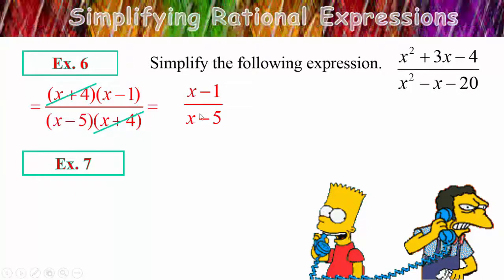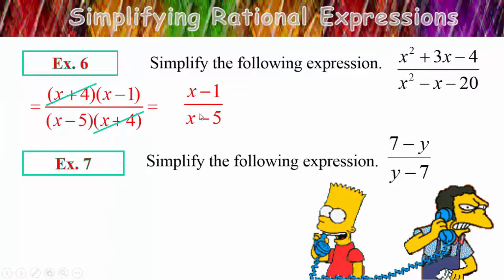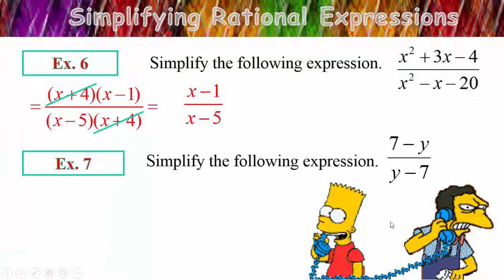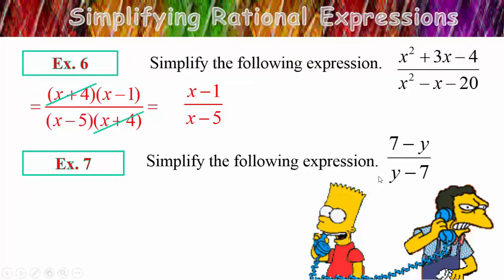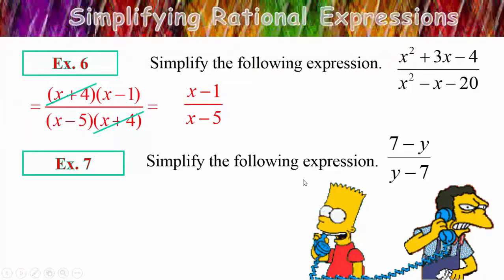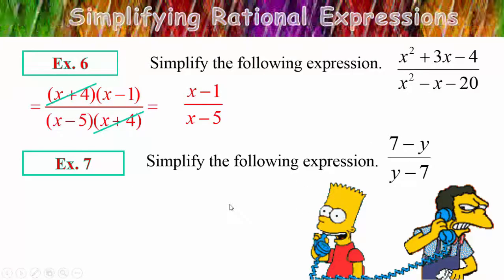And here in example 7, we simplify this. Now notice we're going to use the same trick here that we used in examples 4 and 5, because we see that they have the same letters and numbers, but opposite signs. So we're going to pull out a -1 on the top and rearrange it.